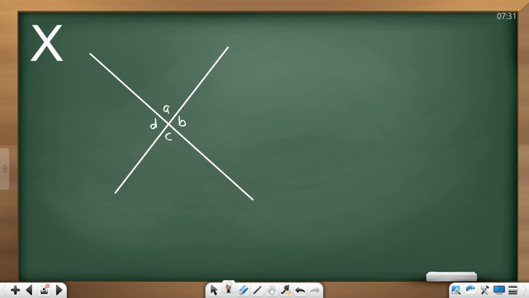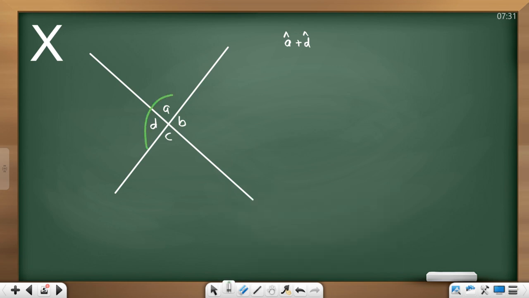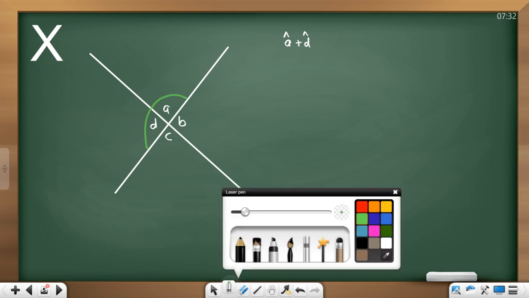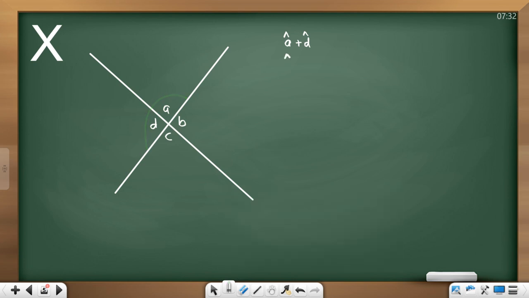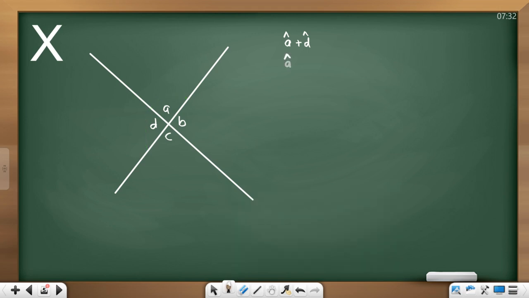What are we going to say? So every time I see an X in my circles and all, this is what I'm going to be thinking about. Angle A plus angle D. Can you see that's a straight line? Let's highlight it. Or angle A plus angle B, just moving around the circle.